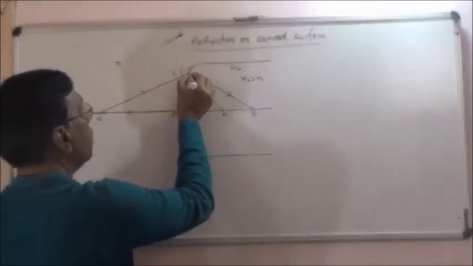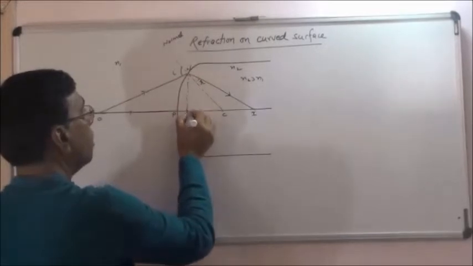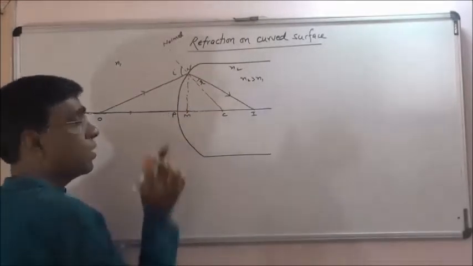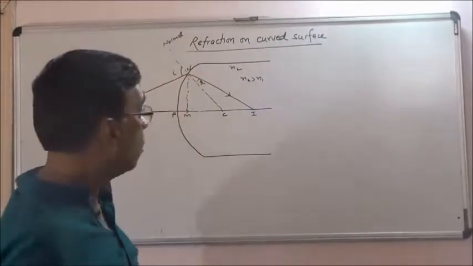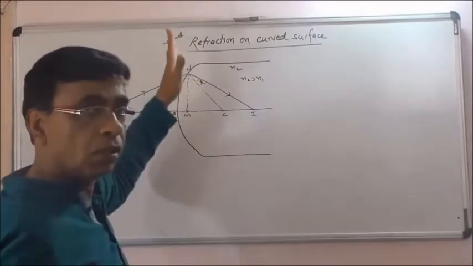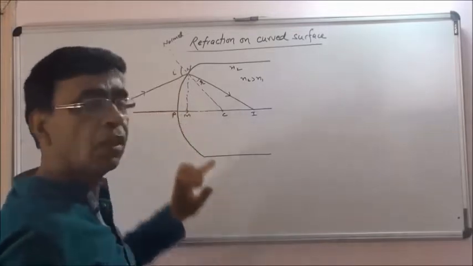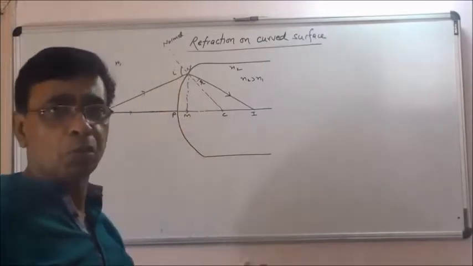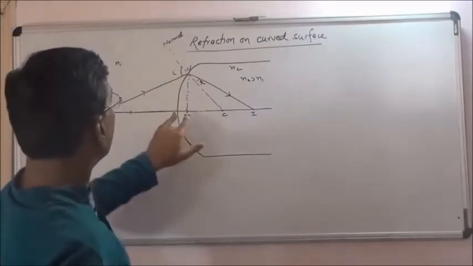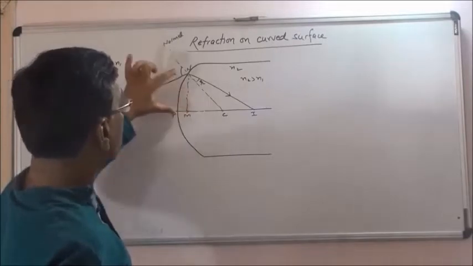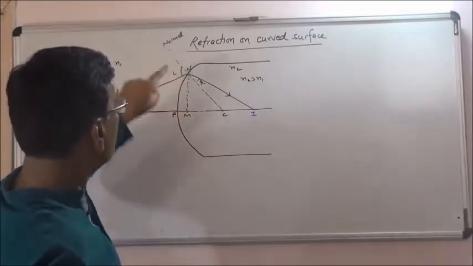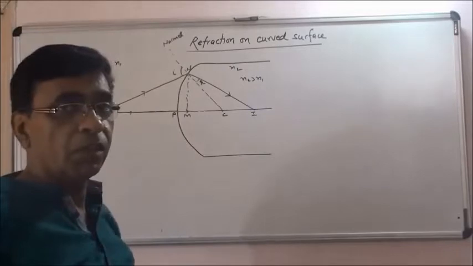Further, if I draw a perpendicular here, this distance is to be ignored. The radius of curvature is large, this point is very close to this, so this distance will always be very close to 0. So I will ignore this distance, paraxial rays, and one more, angles involved are very small.